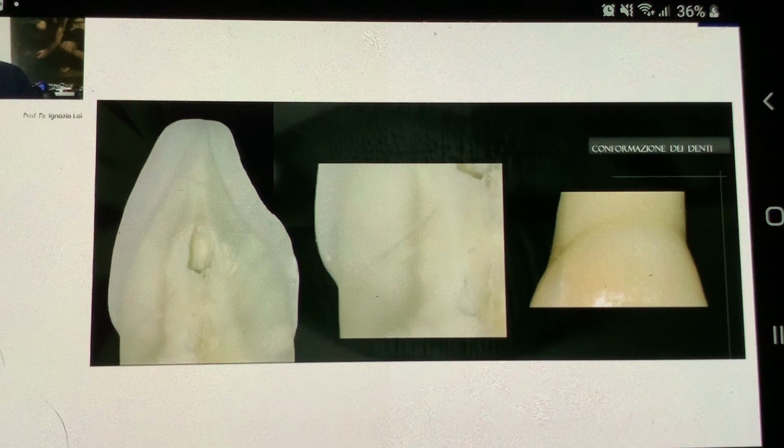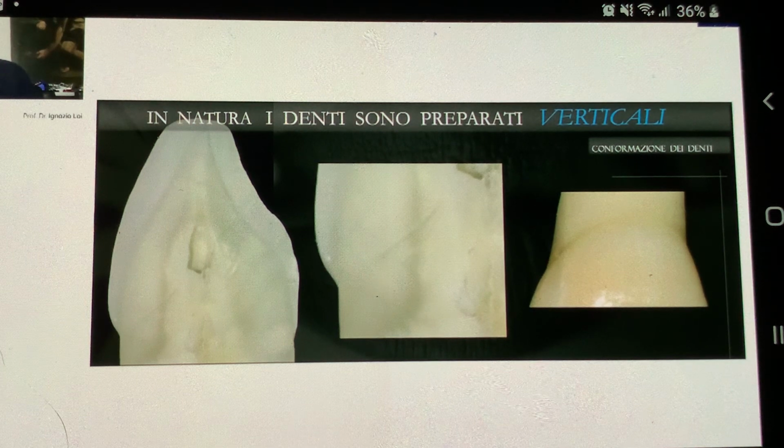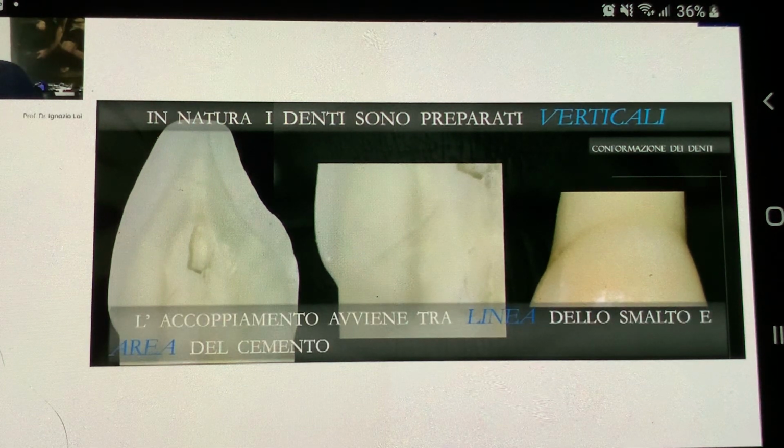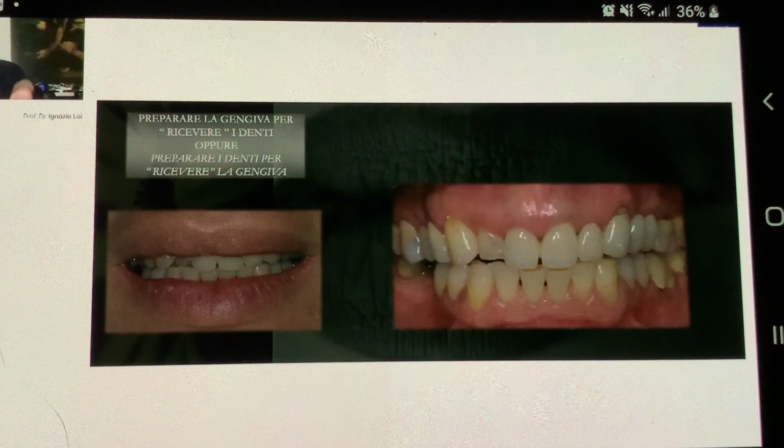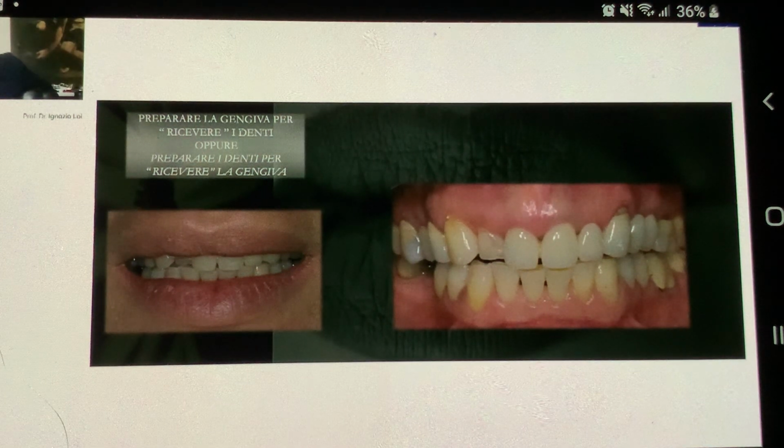So the shape of teeth is fundamental to influence the symmetry of tissues, as we have seen before. So in nature, teeth are prepared vertically, and the coupling between the enamel line and the cement area is vertical. This is the vertical preparation. So this is transferred to the prosthetic crown.